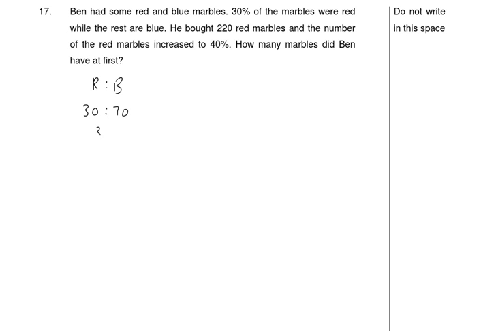Okay, now this is the before situation, before he actually bought the 220 red marbles. So after that, he only bought red marbles, right? Did he buy any blue marbles? No, never bought any blue marbles. So this strategy is one quantity unchanged. Okay, one quantity remains unchanged.